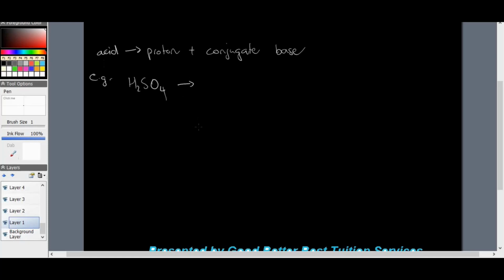What will happen is that after the donation has occurred, we get the proton plus what is left, which is the conjugate base of the acid, which is HSO4 minus.